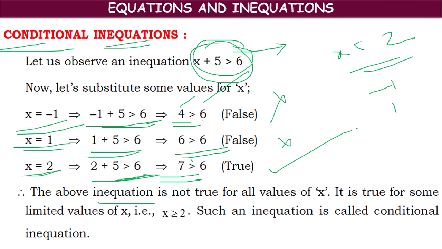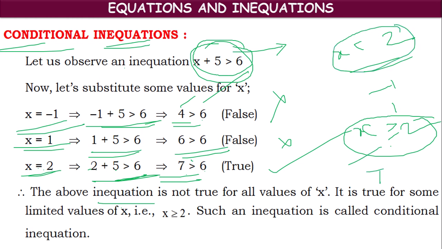If you keep 3 also, 3 plus 5, 8, 8 greater than 6, true. For values x greater than or equal to 2, it is true. For x less than 2, it is false. So for some values it is true, for some values it is false.